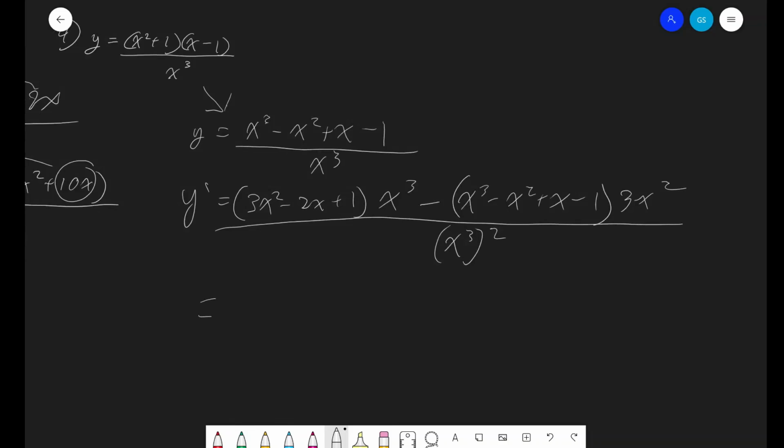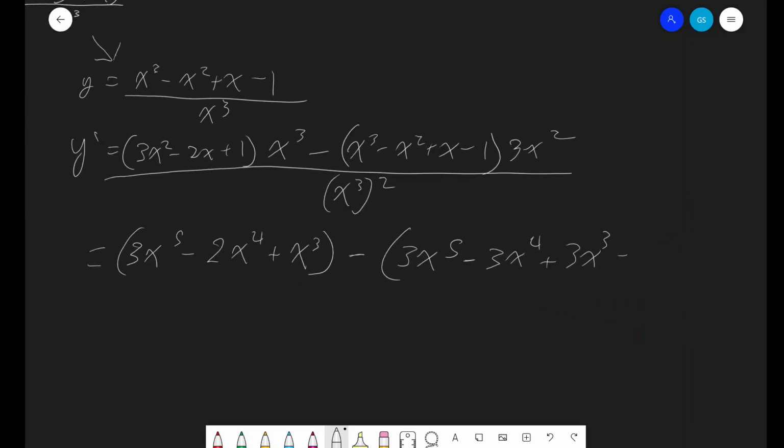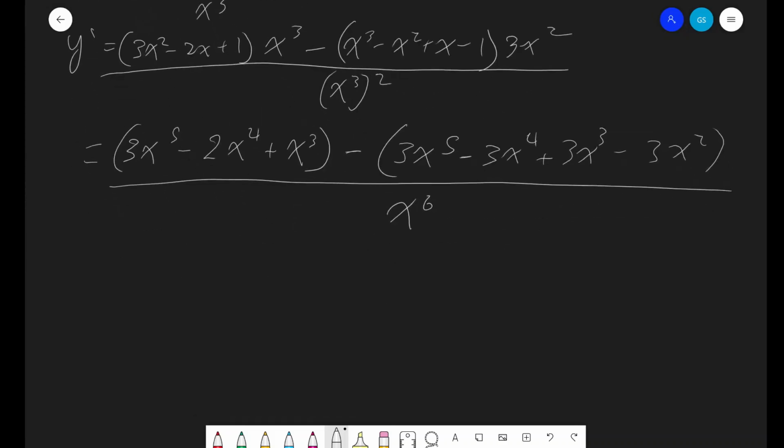So let's do the top first. So 3x squared, so that is 3x^5 minus 2x^4 plus x cubed minus 3x^5 minus 3x^4 plus 3x cubed minus 3x squared, right? All over x to the 6th power.